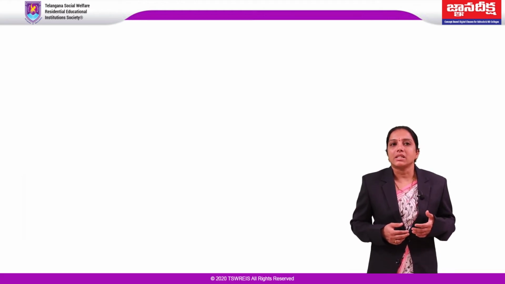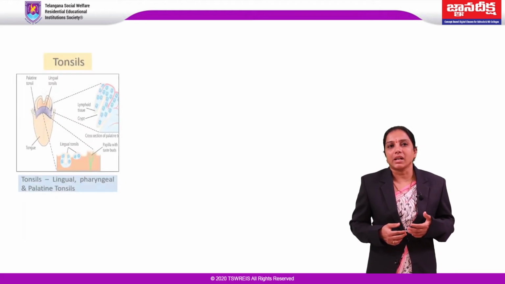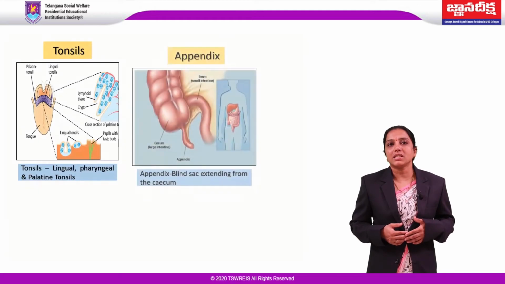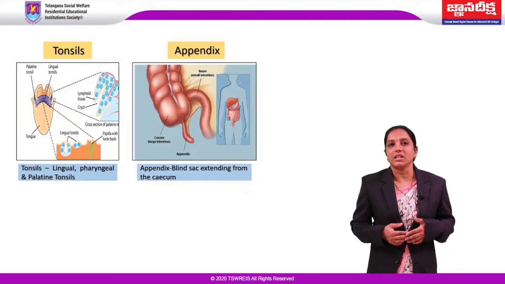And next is about tonsils and appendix, the other secondary lymphoid organs. Tonsils are of different types. One is lingual tonsils, which are lymphatic tissue present on the surface of the base of the tongue. Pharyngeal tonsils, also called adenoids, are present at the nasopharynx region. And palatine tonsils are present at the base and sides of the throat region.